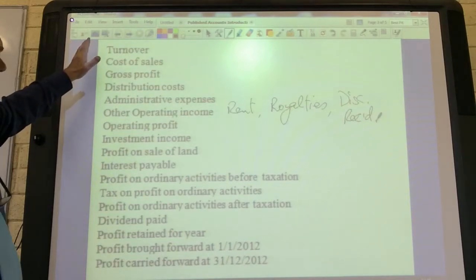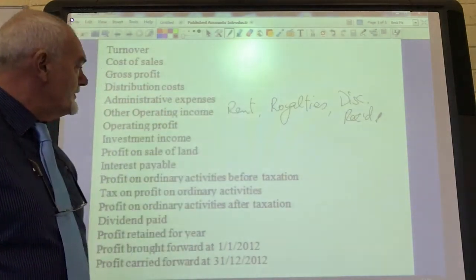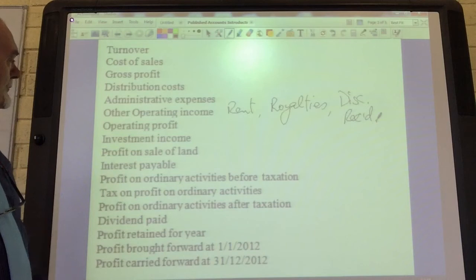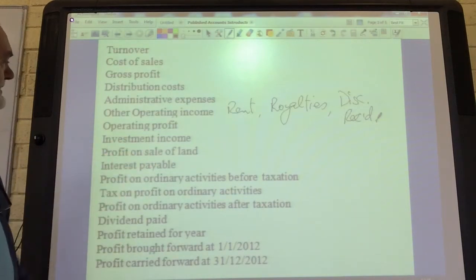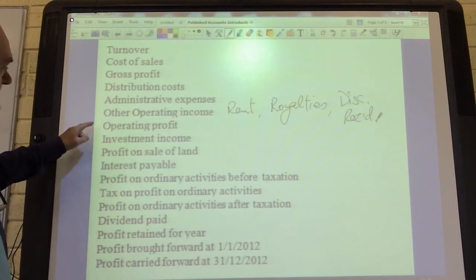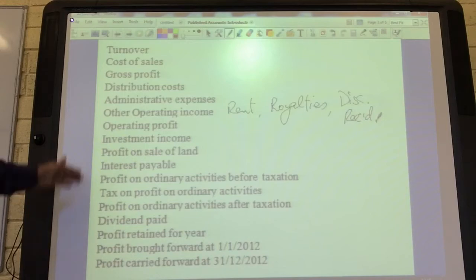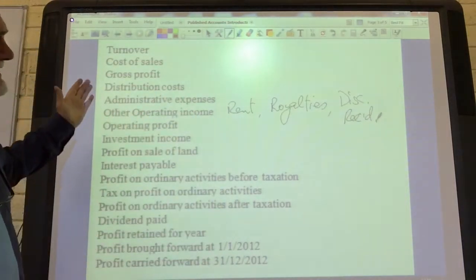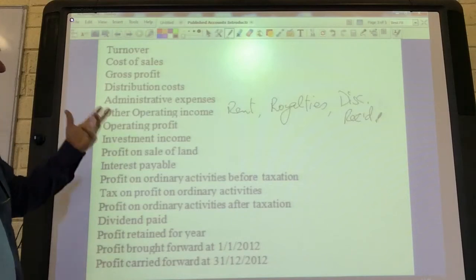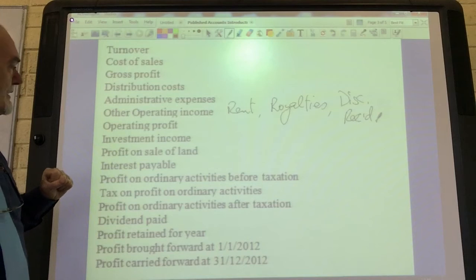And what you've got to try to work out is, what have sales, rent and royalties got in common? What makes them operating income, whereas the likes of investment income and the profit on the sale of land or buildings won't be treated as operating income? And the main difference really is that your turnover, your sales and your income from rent and your income from royalties, this is income that's being generated internally within the firm from your regular day-to-day business.